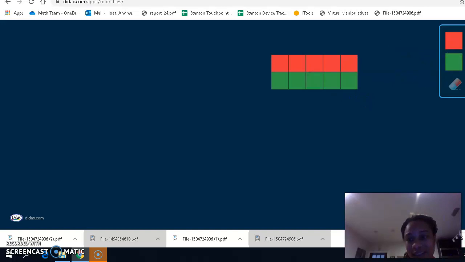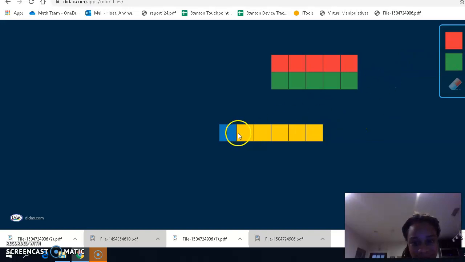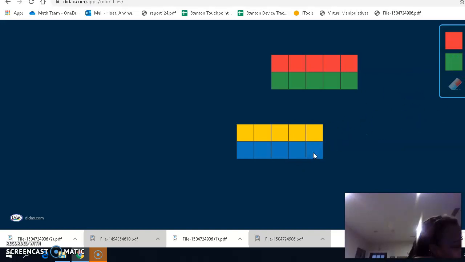And then 2 rows of 5 at the bottom. Sorry, it's taking a while, but now we have 2 equal parts.